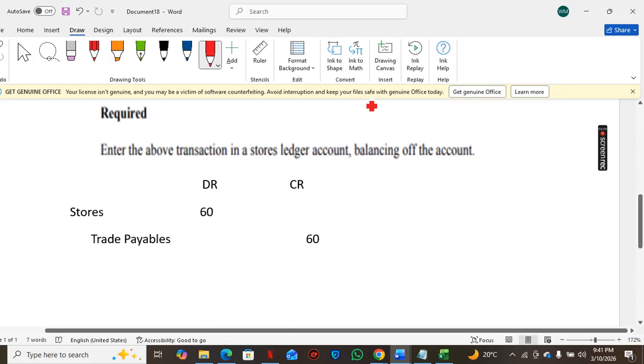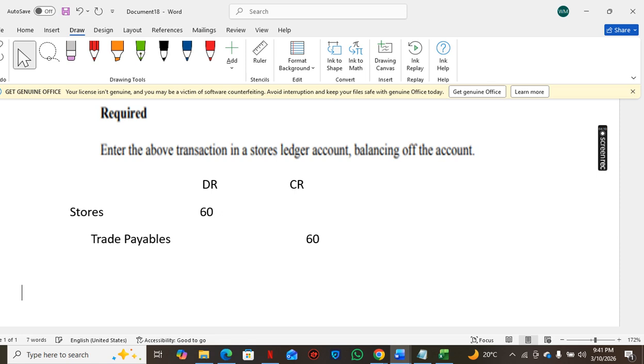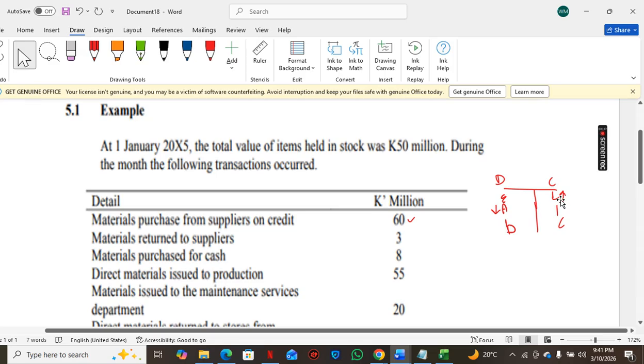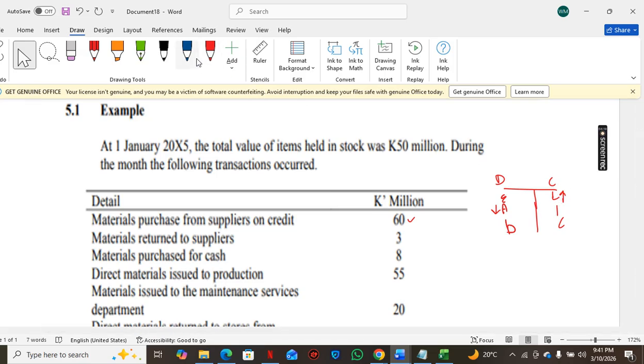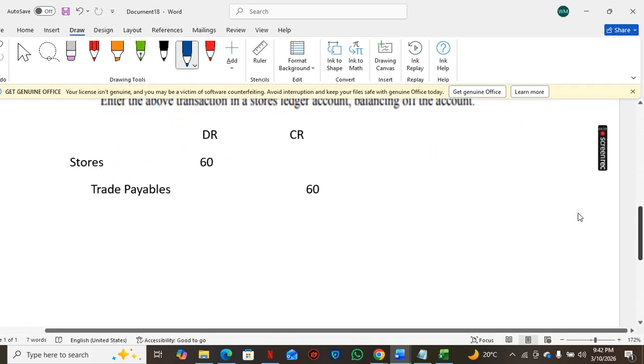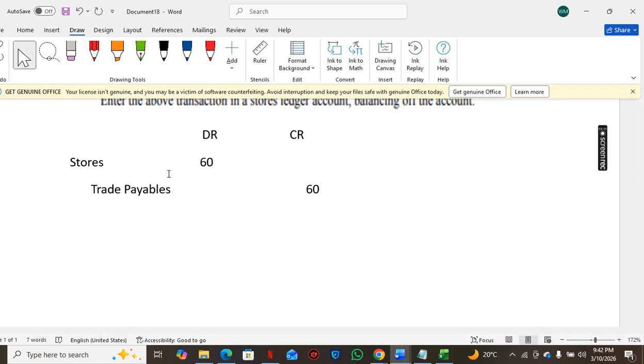Thank you. So we're going to debit trade payables. Remember, liabilities increase with credit. So reduction in a liability, you debit. So we're going to say debit trade payables.